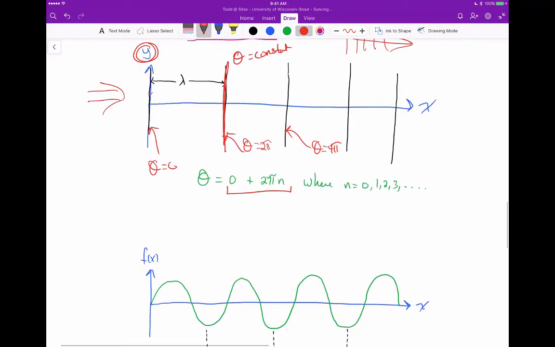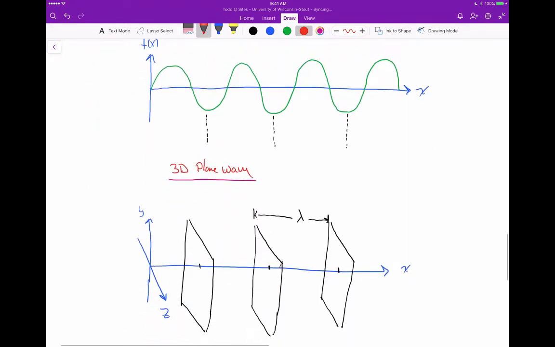So in 3 dimensions, the wave again only varies in the x direction, but we still have an amplitude in the y and z direction. Now we actually have 3-dimensional surfaces that represent the constant phase of the wave. I've chosen here this particular valley, which is occurring at 3 pi over 2.